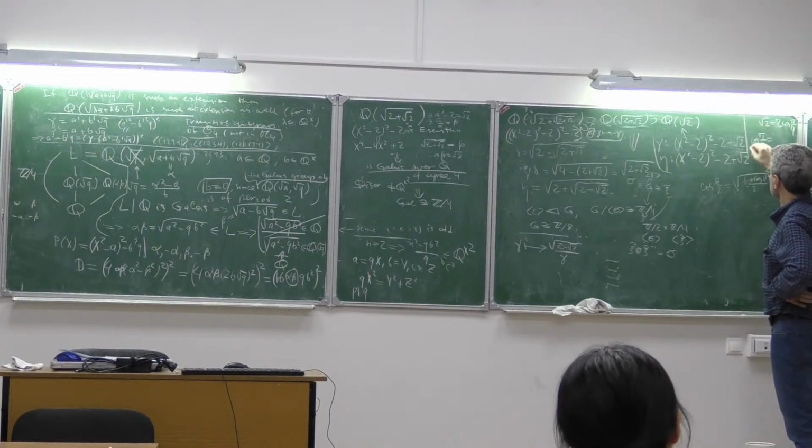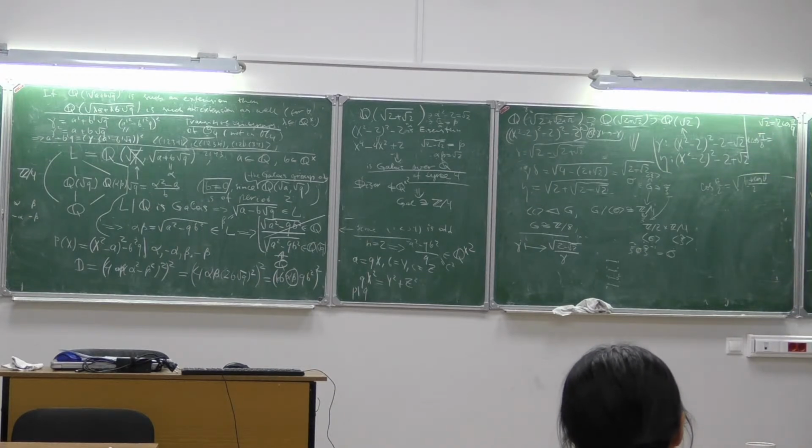Maybe twice cosine. It is twice square root of 1 plus square root of 2 over 2, yeah. Does it help? Not that much, yeah.